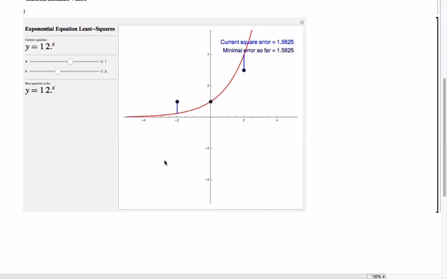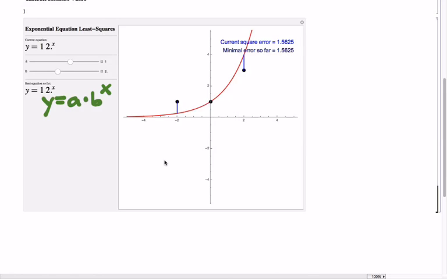The group that had the exponential model had to do an additional step along the way. And the reason for that is that if you plug in your data points into this model, and so here the model was y is equal to a times b to the x.